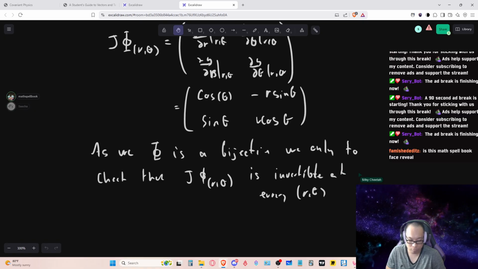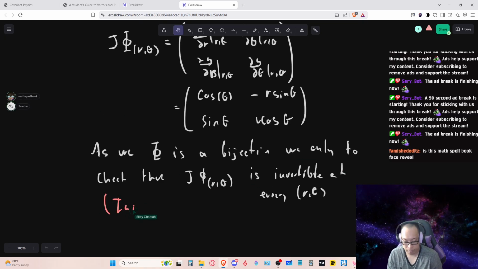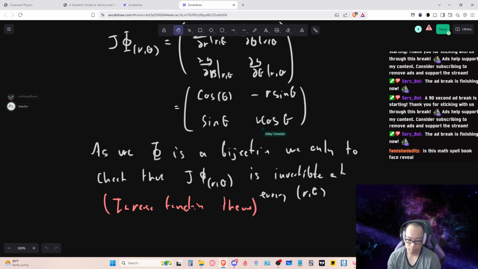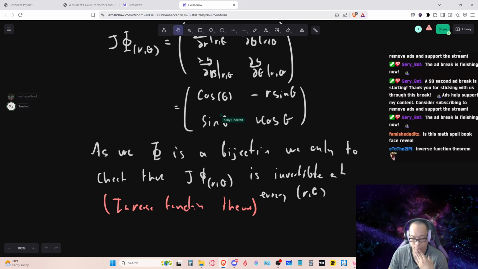The reason we only need to check that is the inverse function theorem. Here it's a bit annoying to show that this matrix is invertible. You probably learned a few ways in linear algebra, like Gauss-Jordan, but here probably the easiest way is to compute the determinant. So we're going to do that.